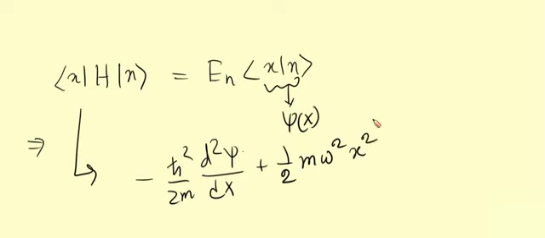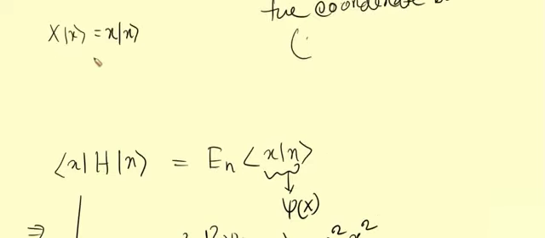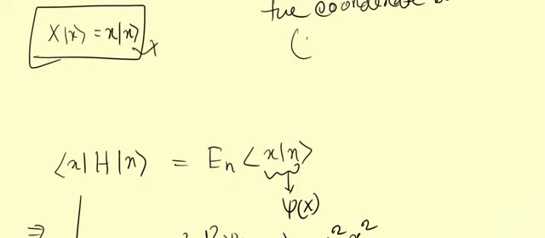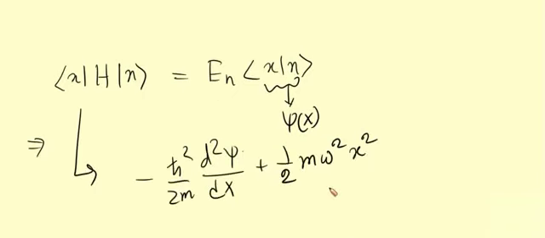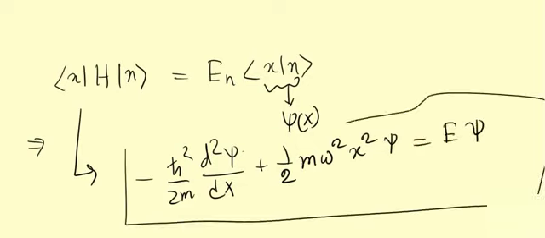Note that this x is not a number, it is just coming from this eigenvalue equation, something you learn in more detail when you do quantum mechanics. There will always be a psi over here, and finally you will have E psi. So the eigenvalue problem finally reduced down to solving a differential equation.